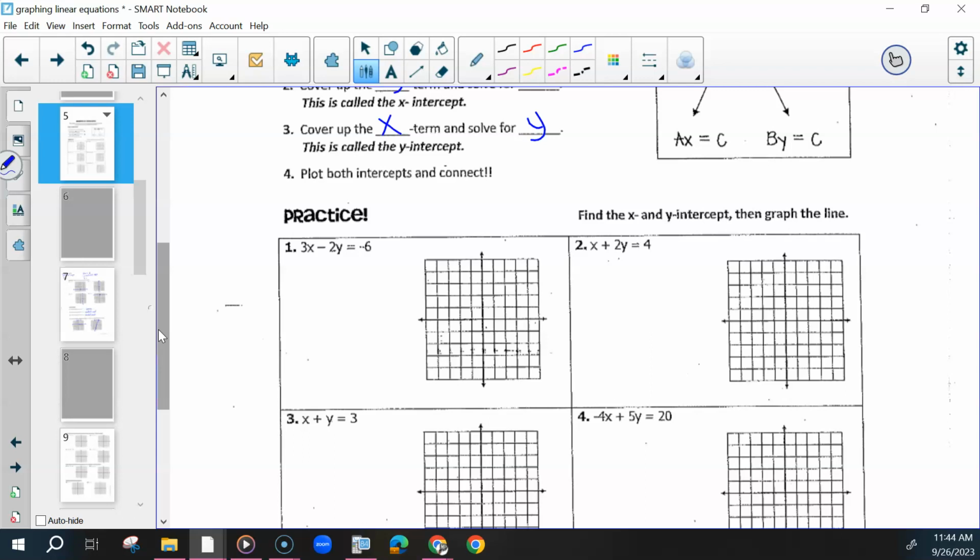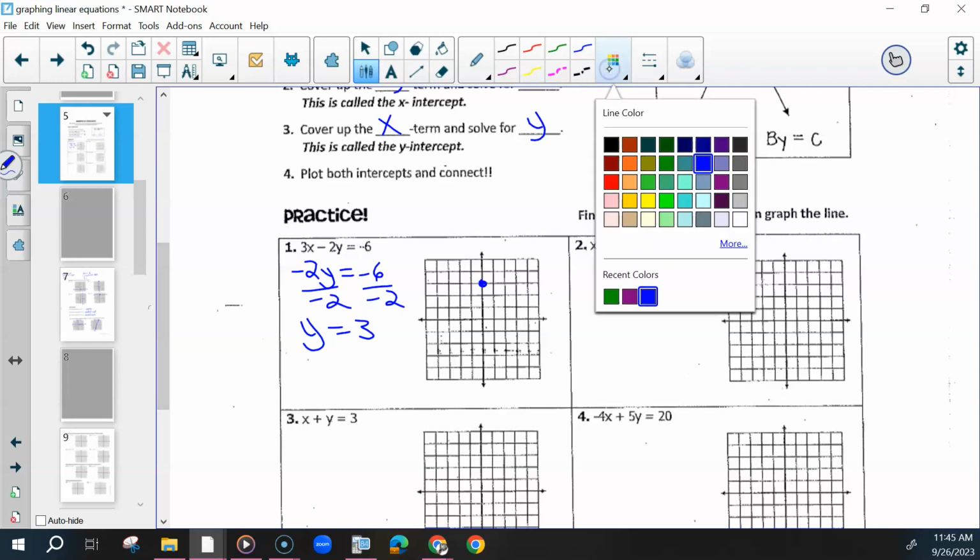So doing this method, let's say I covered up the x term, then just this is left. And then I'm solving for y. So that's going to be my y-intercept at 3 on the y-axis.